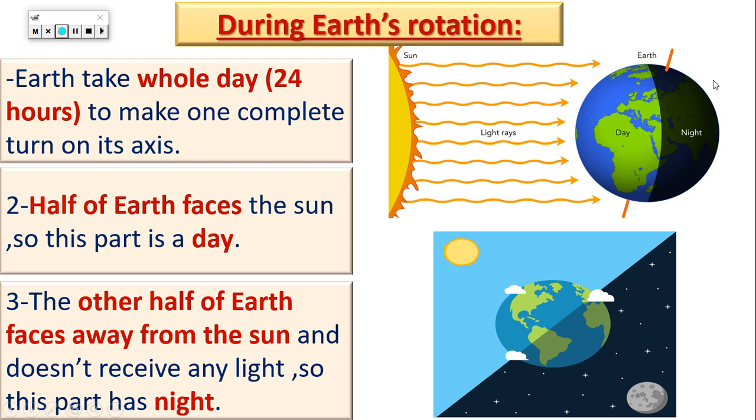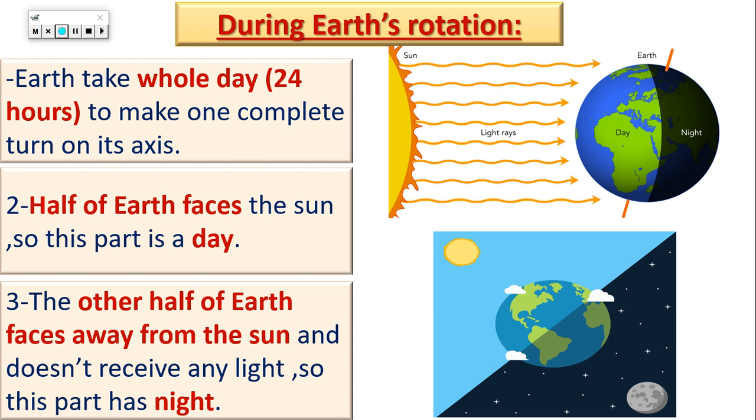As you can see in this picture, the Earth is divided into two halves. The half that faces the sun has day because it receives the sunlight, but the other half that is not facing the sun and not receiving any sunlight has night. So, when the Earth rotates around its axis, the part that has day goes to the other side, so it will have night, and the part that has night comes in front of the sun, and it will have day.